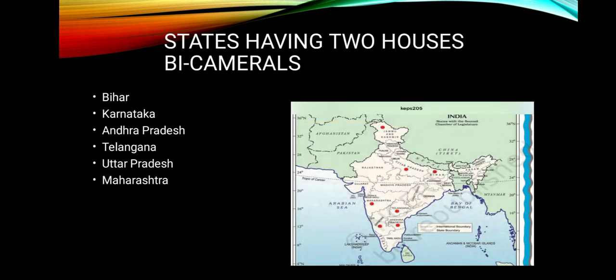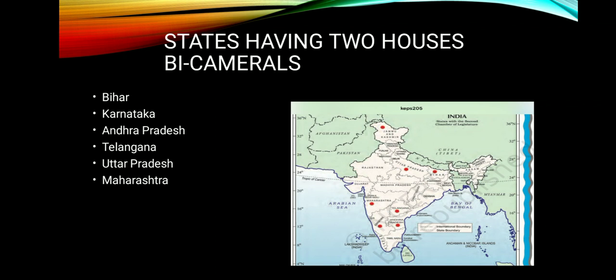In our states also, means in regional areas like Punjab, Haryana, Rajasthan, these are states. India is a nation, and the provincial states, which we normally call states. In states also, there are two houses. You see in the map that Bihar, Karnataka, Andhra Pradesh, Telangana, Uttar Pradesh, and Maharashtra are the states where the state legislature has two houses.